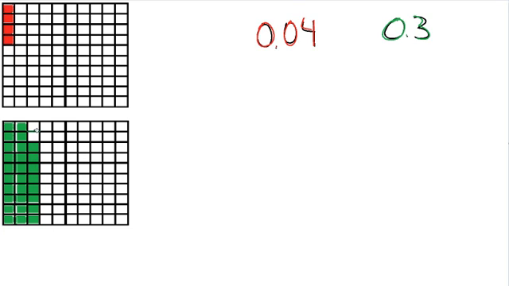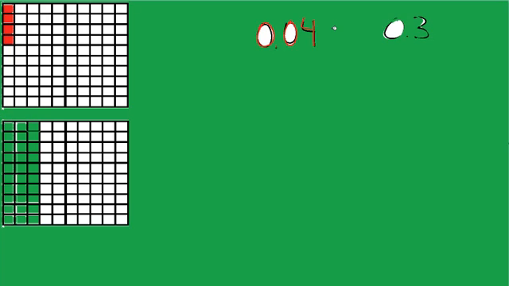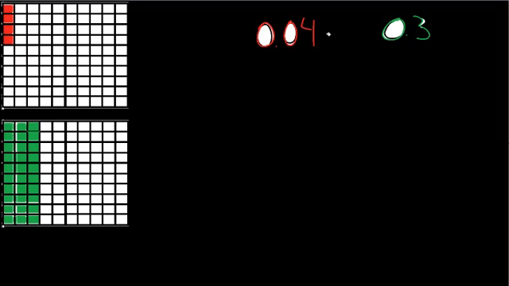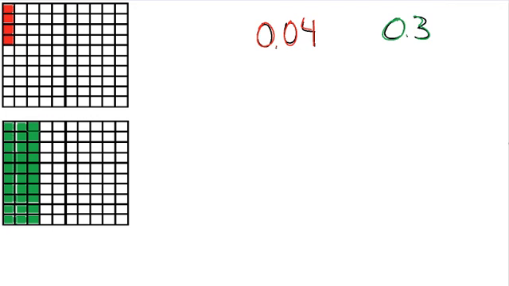So the red is 4 hundredths, the green is 3 tenths. You can see now that 4 hundredths is less than 3 tenths.